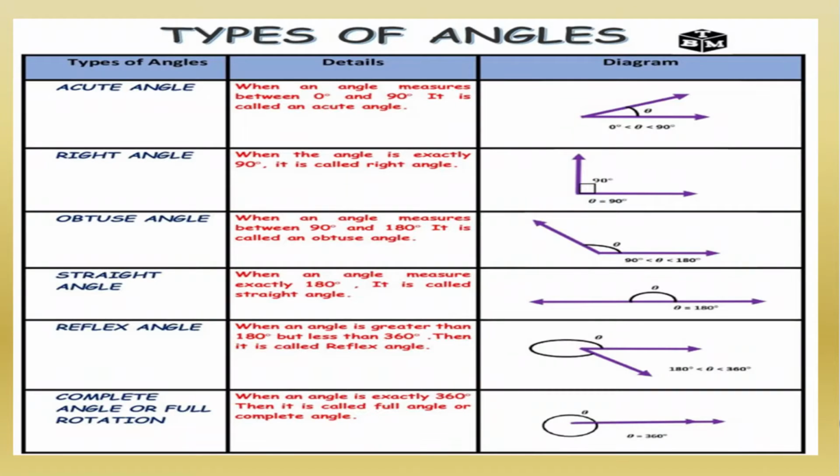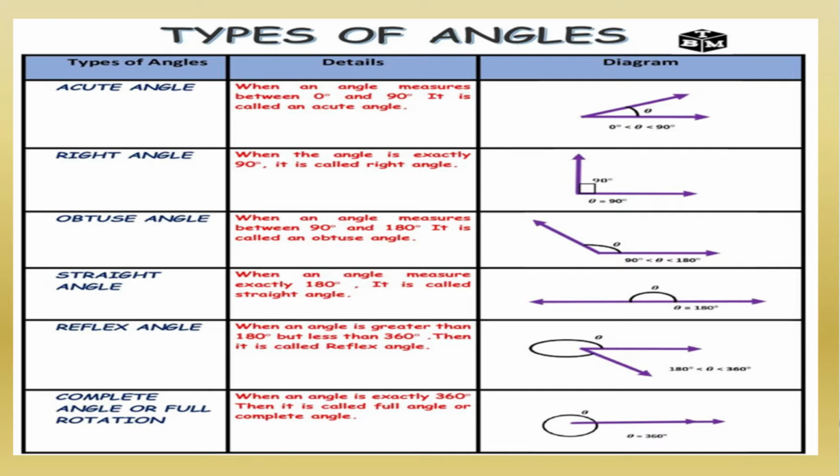So now I will give you a summary of the different angles that you have just learned. The different types of angles and what the angles are, and the diagram you can see on the screen. The first angle we learned was the acute angle. When an angle measures between 0 degrees and 90 degrees, it is called an acute angle. Right angle: when the angle is exactly 90 degrees, it is called a right angle.